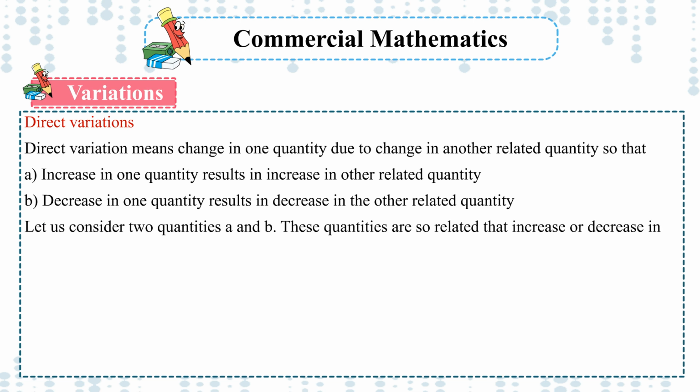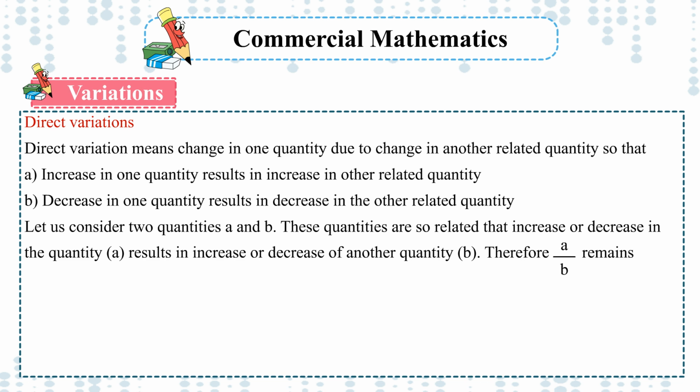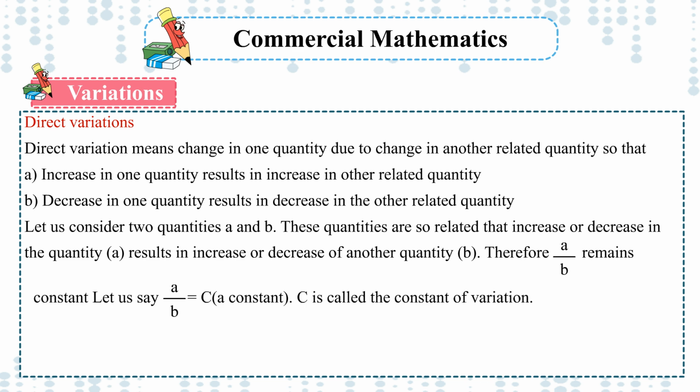Let us consider two quantities A and B. These quantities are so related that increase or decrease in the quantity A results in increase or decrease of the other quantity B. Therefore, A upon B remains constant. Let us say A upon B is equal to C, a constant.